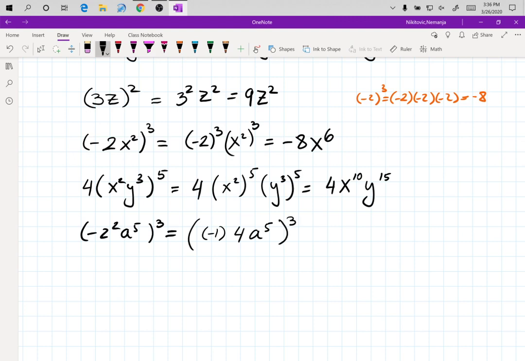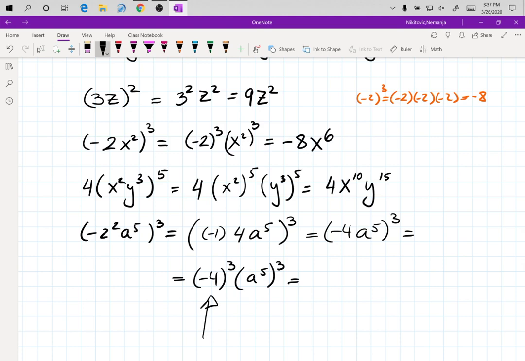And then everything is cubed. So now, -1 times 4 is going to be -4a to the 5, everything cubed. So that's -4 cubed, and then a to the 5 cubed.